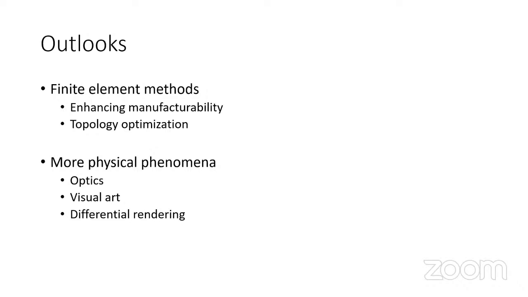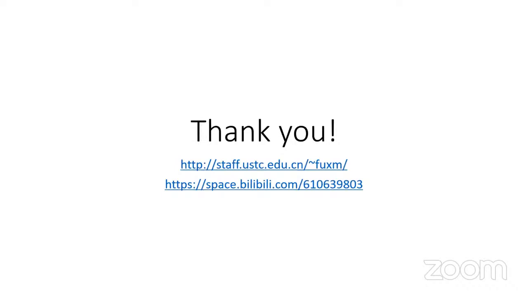Second, we can consider more physical phenomena. For example, optics is closely related to visual art, so we can use rendering techniques in computer graphics to assist us in art design. Thank you.